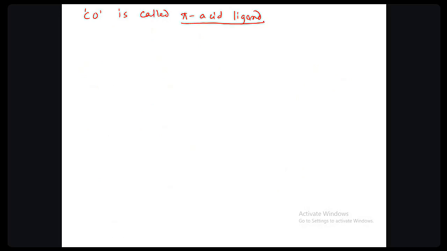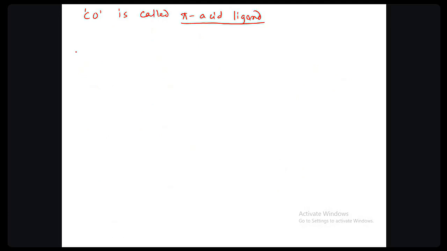We know that a ligand is a species which can donate its non-bonding electron pair to the metal to form a coordinate bond. Acids are species which can accept a lone pair. But why is it a pi acid? Because carbon monoxide, NO plus or CN minus can donate the non-bonding electron pair to the metal and simultaneously back accept metal electrons into its pi star 2py and pi star 2pz orbitals. That's why it is called a pi acid ligand.